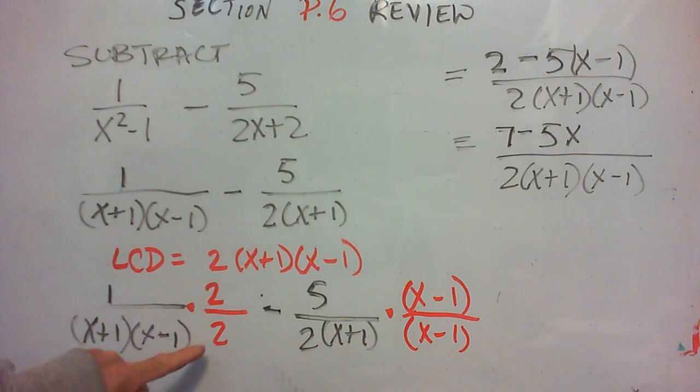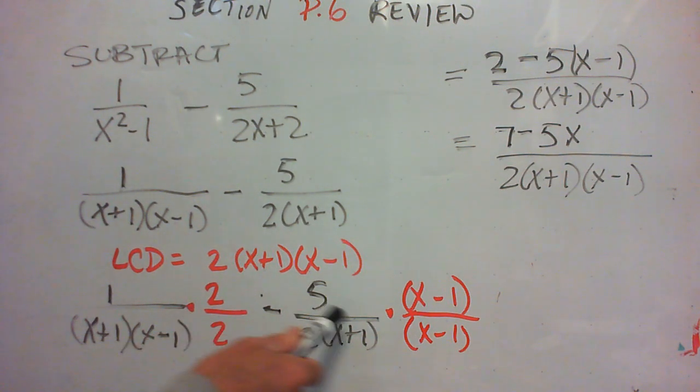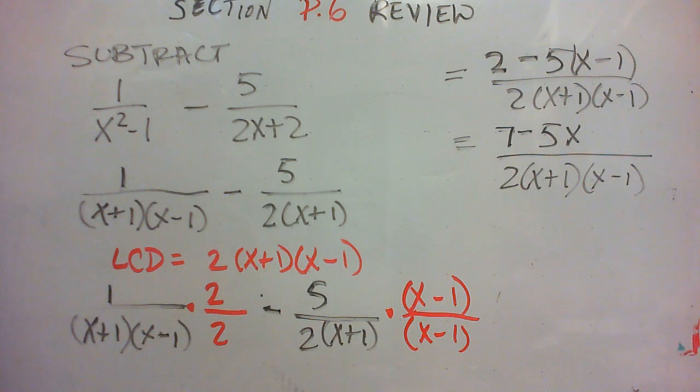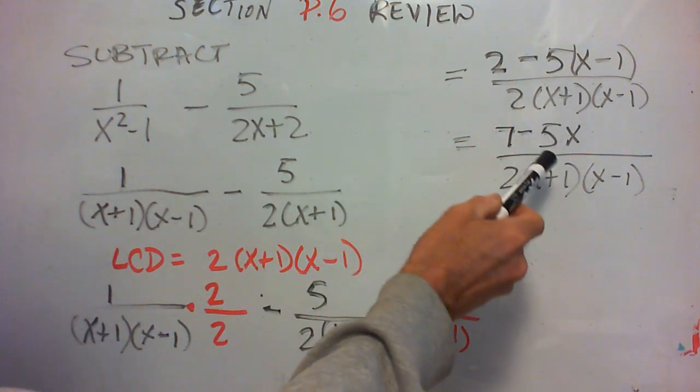So we multiply the first fraction by 2 over 2 because it's missing the 2. We multiply the second fraction by x minus 1 over x minus 1. And now we can combine those two into one fraction, 2 minus 5 times quantity x minus 1. Here you've got to watch your signs when you combine terms.